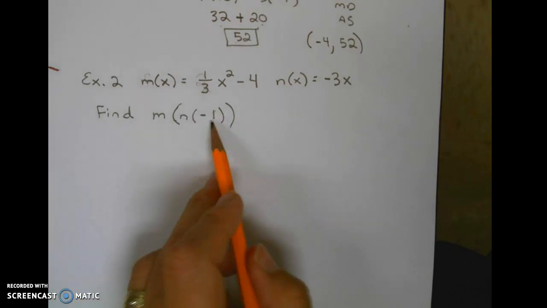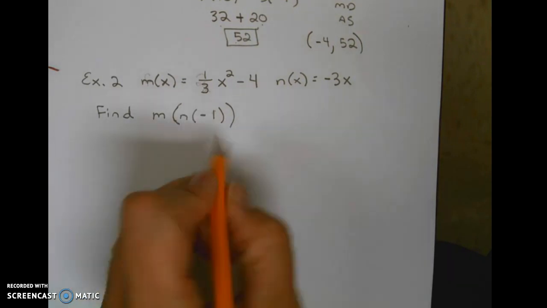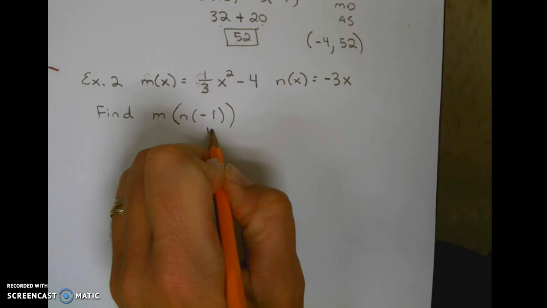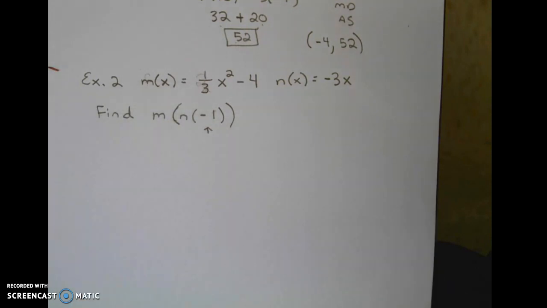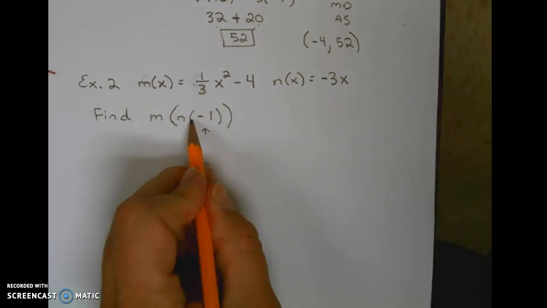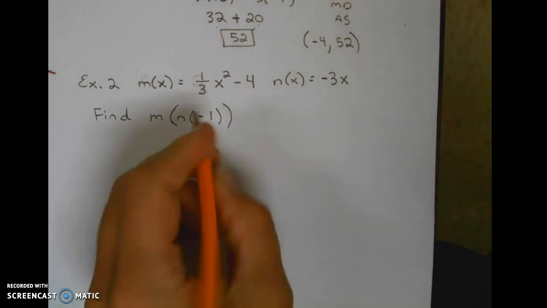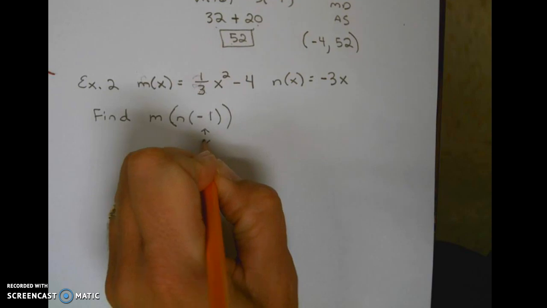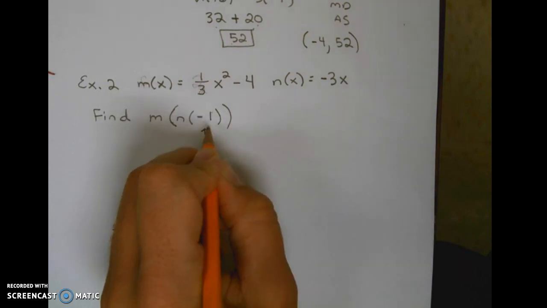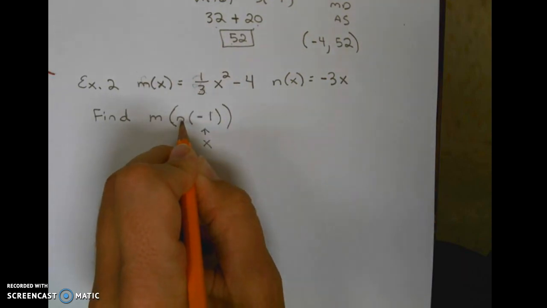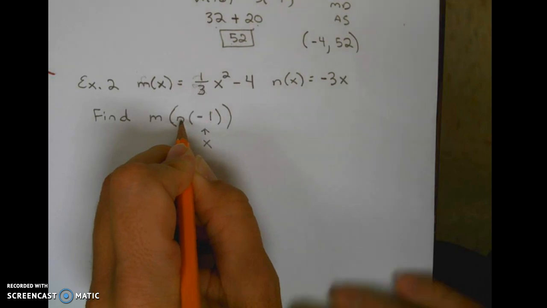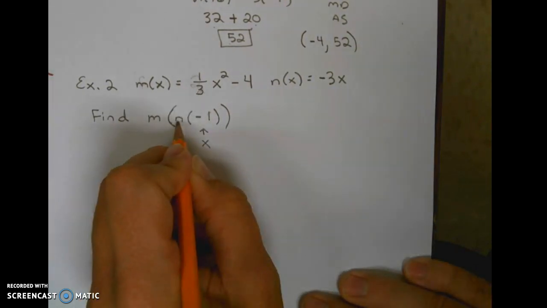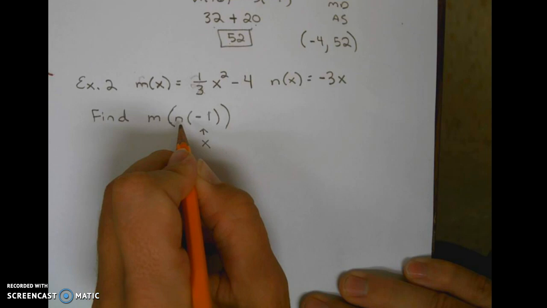So when you have multiple grouping symbols, you always begin in the most inner parentheses. So we're going to start off with taking this x value, and we're going to put it into function n to begin with. So negative 1 is going into function n first.